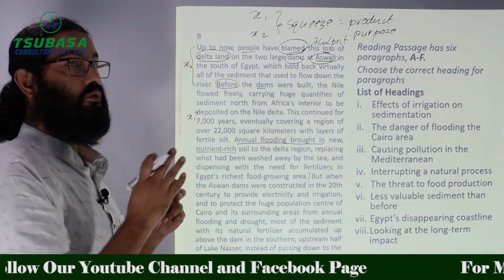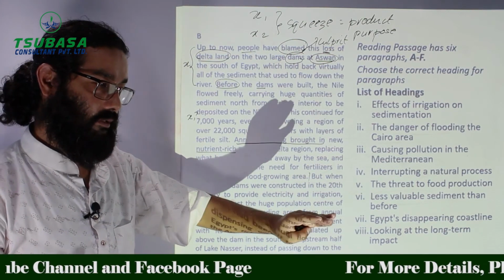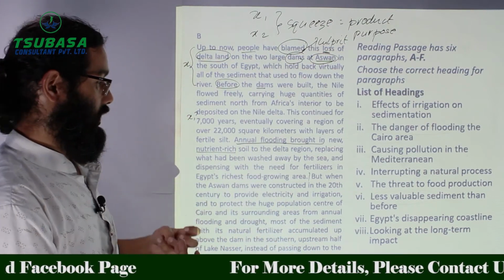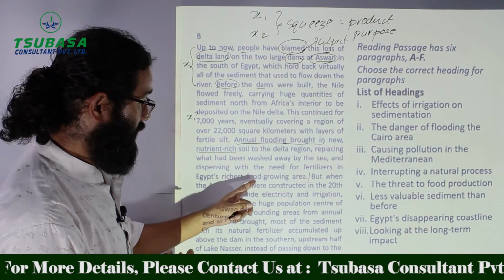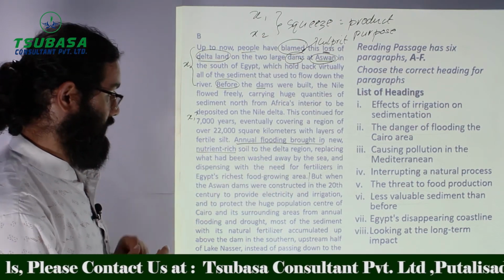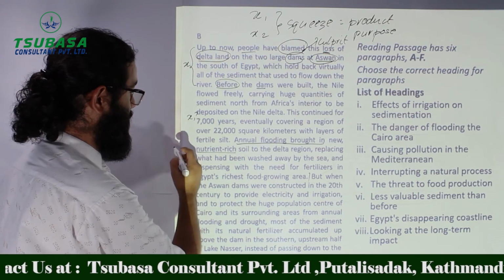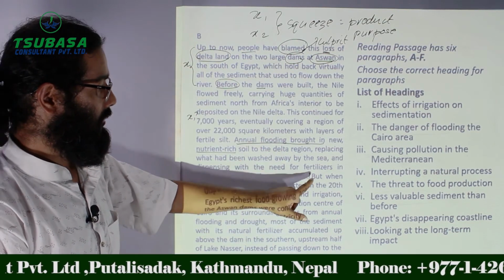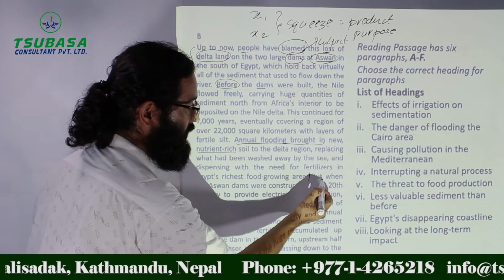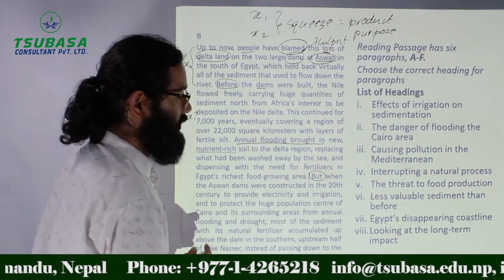The flood would do a good thing here. Whatever has been washed away, it would replenish with nutrients or fertilizers. So this is X1, before the dam was built. So it's something positive. But, of course, this is a contradictory word.